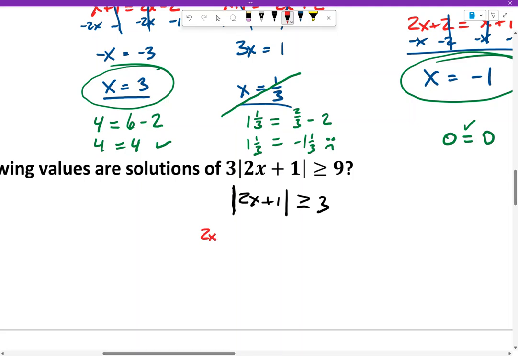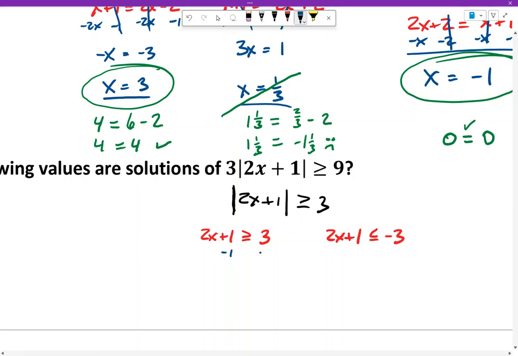So we know that 2x plus 1 must be greater than or equal to 3. We also know that 2x plus 1 must be greater than or equal to negative 3, but actually, since this is an inequality, don't forget when you multiply by negative 1 or get the opposite set, we have to flip that symbol. So it's going to be less than or equal to negative 3. And now we can solve these.